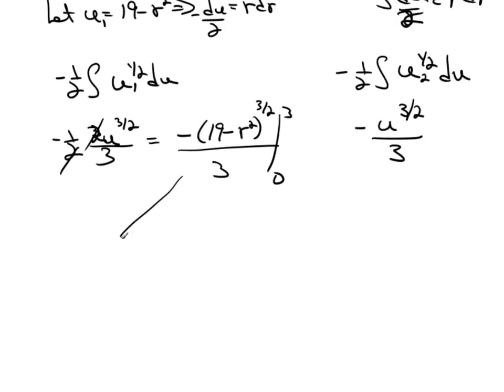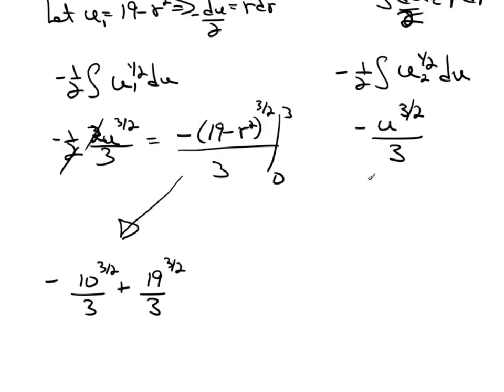Let's go ahead and finish up this left-hand side, then come back to the right. At 3, that's 9, so this is negative 10 to the 3/2 over 3. At 0, this is going to be 19, so this will be minus and minus, so plus 19 to the 3/2 over 3.